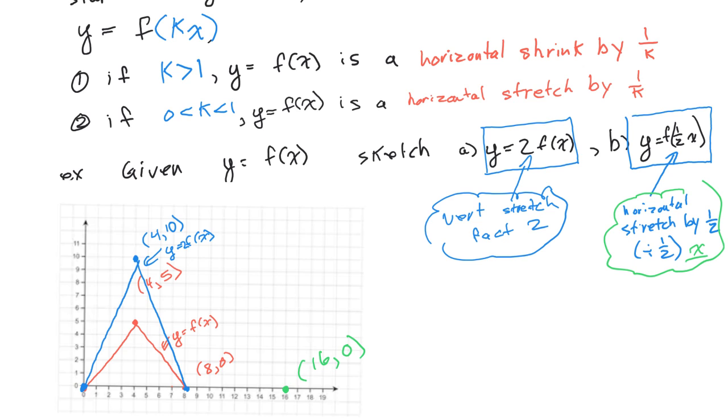Now let's go back to our original function f of x. At this point here, 4, 5 was right here. So now our x value gets divided by 1/2, otherwise known as multiplying by 2. So the 4 in the 4, 5 becomes 8, 5.